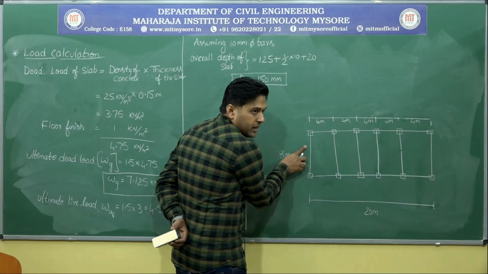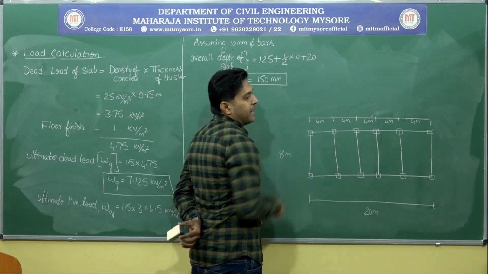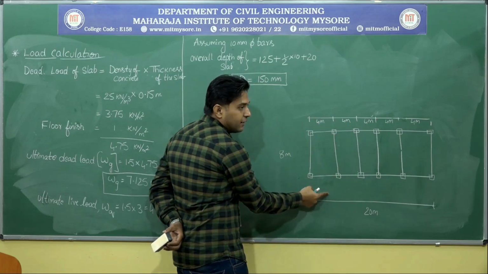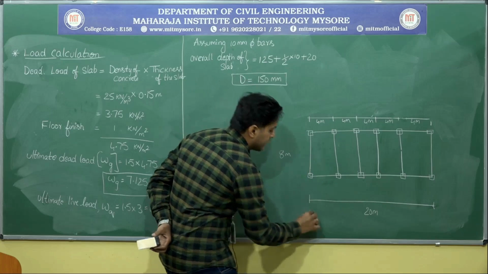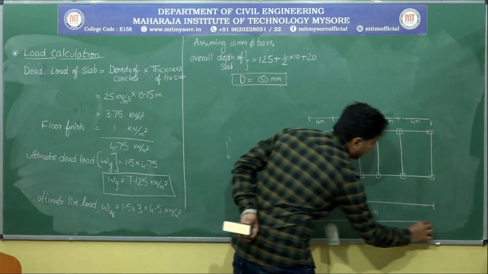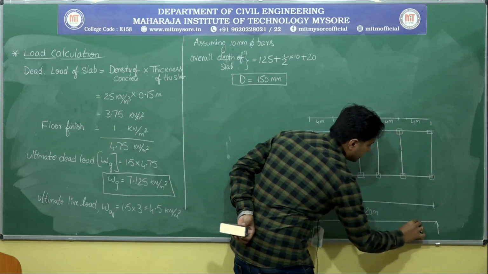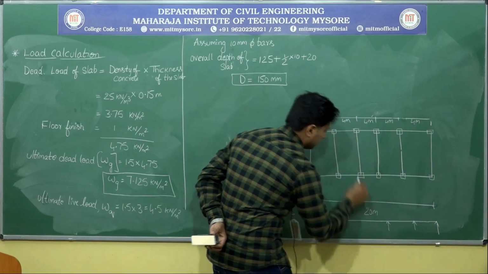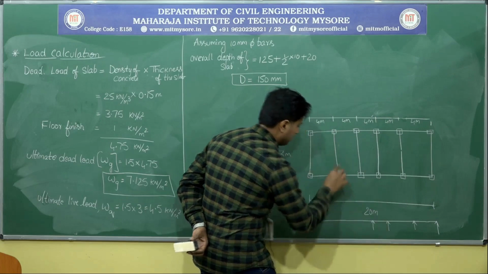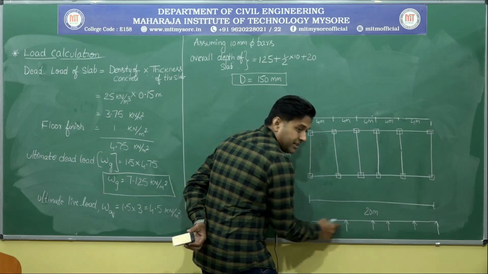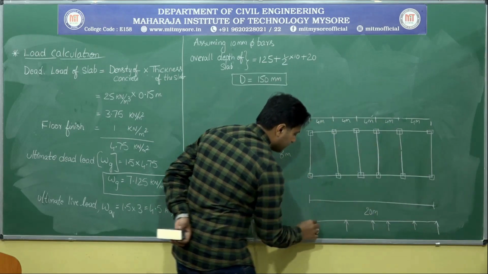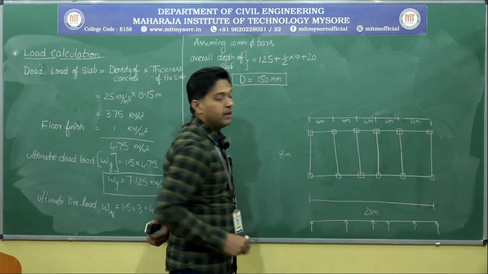Observe here. This is the top view of the plan. Let me think that you people are standing over here and seeing it in this direction. It looks like this. Actually the spans are the same, 4 meter, but as I have not drawn to scale, the spans appear at different positions.